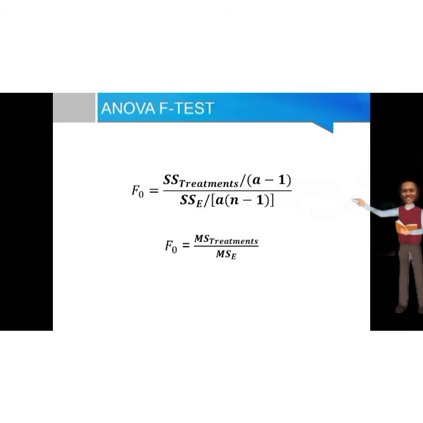ANOVA test: F0 is equal to SS treatments divided by (a minus 1), divided by SSE divided by a times (n minus 1). And F0 is equal to MS treatments divided by MSE.